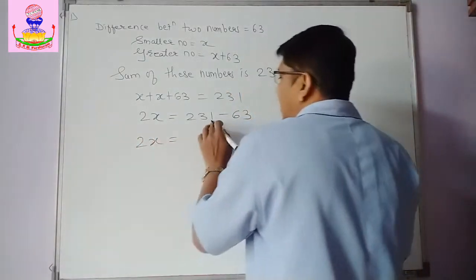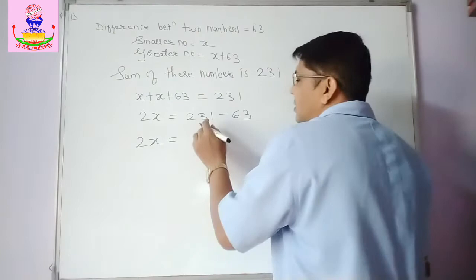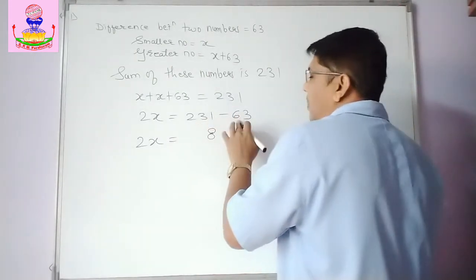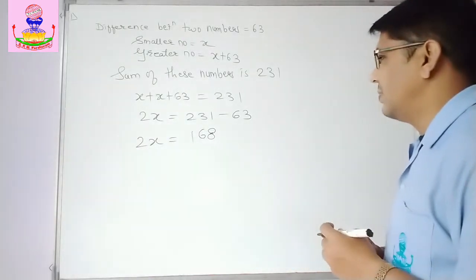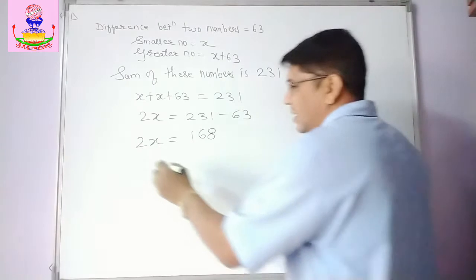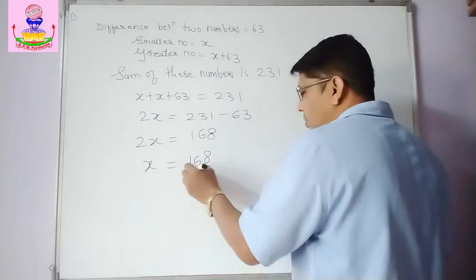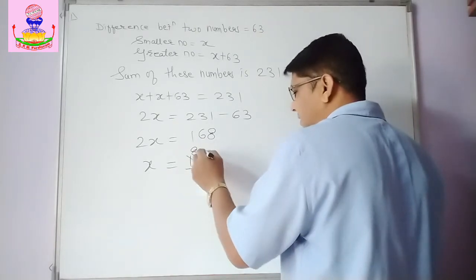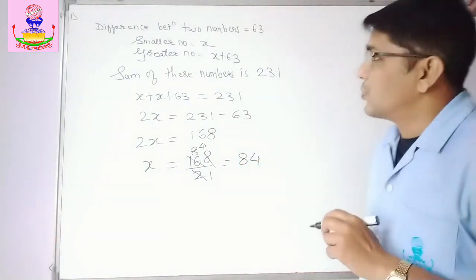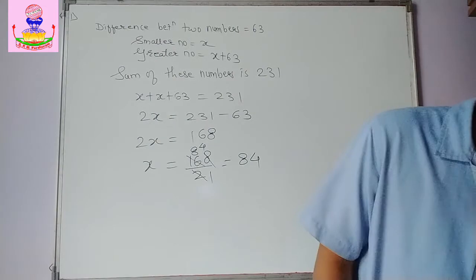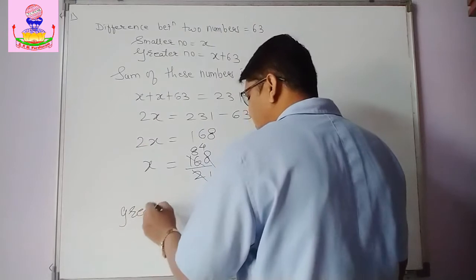So 2x is equal to 231 minus 63, which is 168. Now x is equal to 168 divided by 2 on both sides. So 2 ones are 2, 2 8s are 16, 2 4s are 8. So 84. So the smaller number is 84.